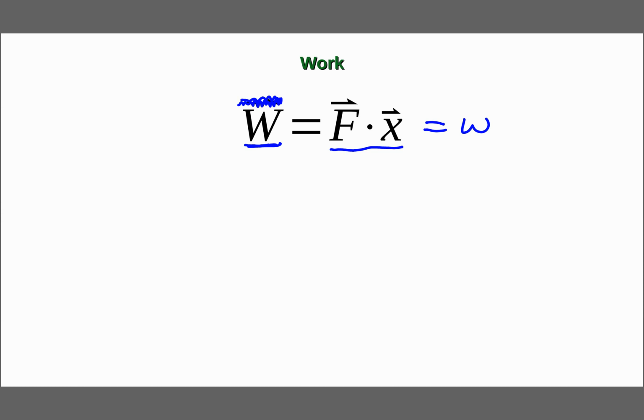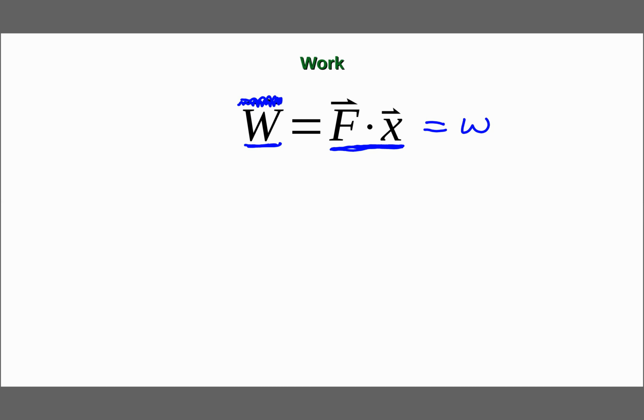Work is not a vector. Work is a scalar because it's a dot product of force and displacement. So note that even when we set up a coordinate system with orthogonal coordinates, like we have for every problem so far, this equation does not represent a system of equations. There's always just one equation that returns the scalar quantity work.